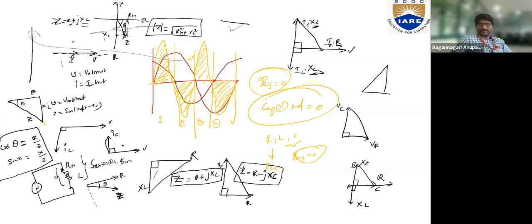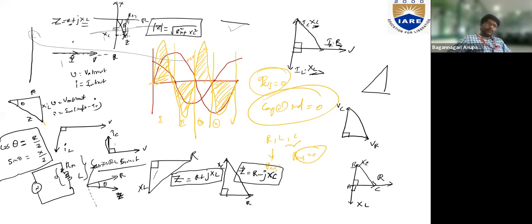Similar things can be applied for a series RC circuit as well. What happens if this is an RC circuit? Instead of lagging, it becomes leading. That's it. Current leads the voltage, so instead of getting a lagging angle, you get a leading angle. So when you have a pure resistor, inductor or capacitor, the equations are very much valid.